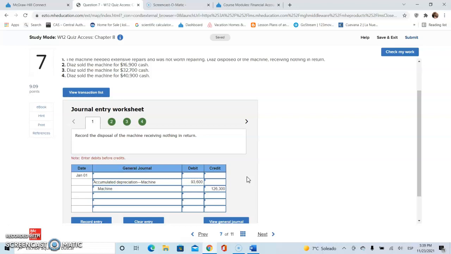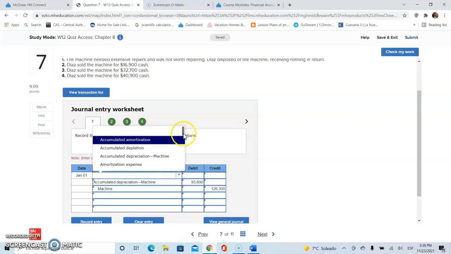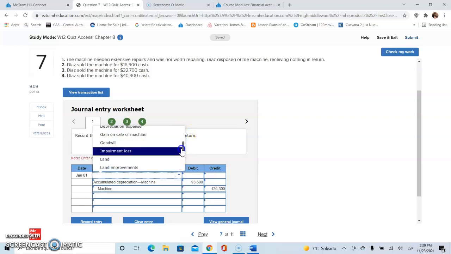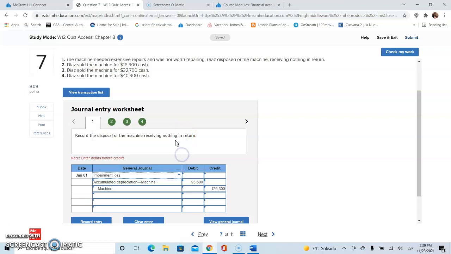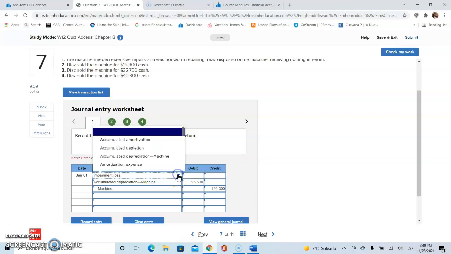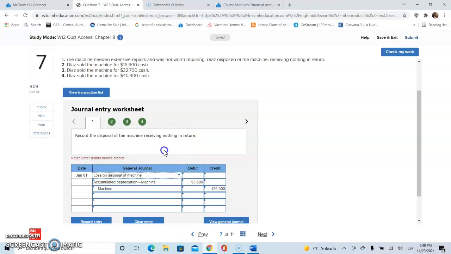But in this situation, we receive 0 for the machine, so we debit loss on disposal of machine for the amount of $32,700. Okay, so now we record the entry.